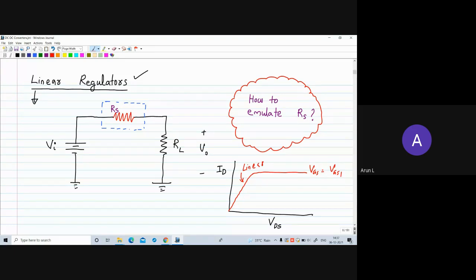Then for another value, VGS2, you have another curve. Then for different values, you can have different curves. So if you restrict your operation to this linear region or ohmic region of the MOSFET, this MOSFET can emulate different resistance values by changing the gate source voltage. By changing the gate source voltage, a MOSFET can emulate a variable resistance.